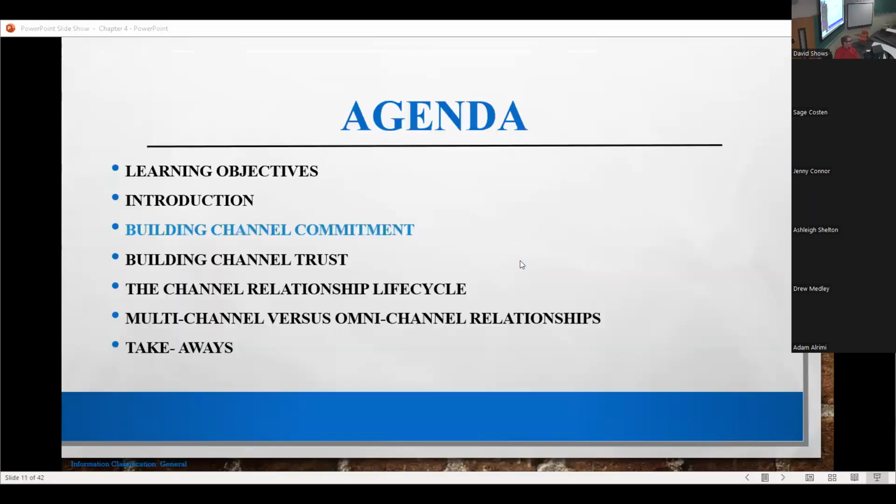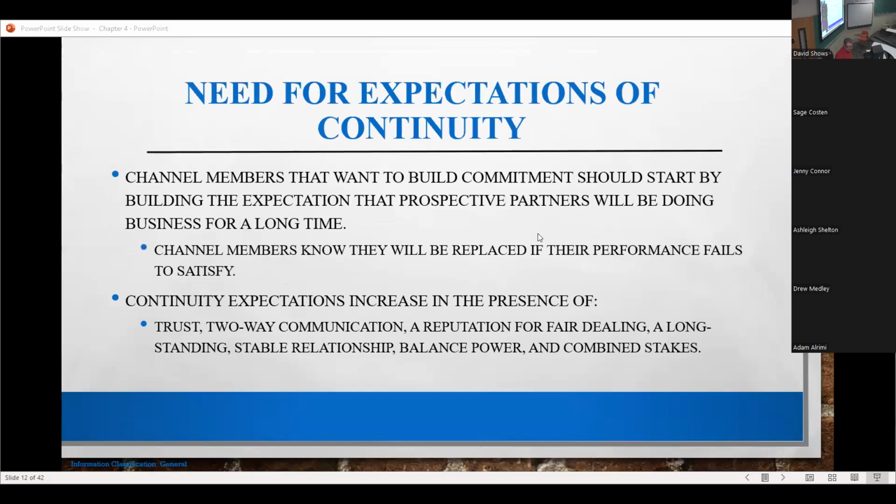All right, so we start talking about commitment, and also what are the activities that build commitment, because you can feel commitment, but you have to act on commitment, all right? And so you first start with the belief that you want to build the expectation that you're going to be doing business with your partners for a long time, as long as they are in business.